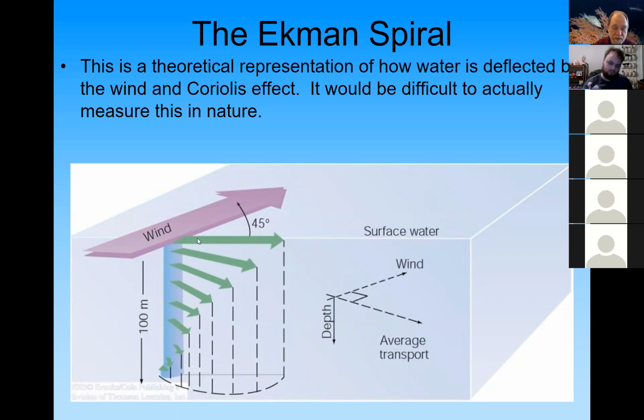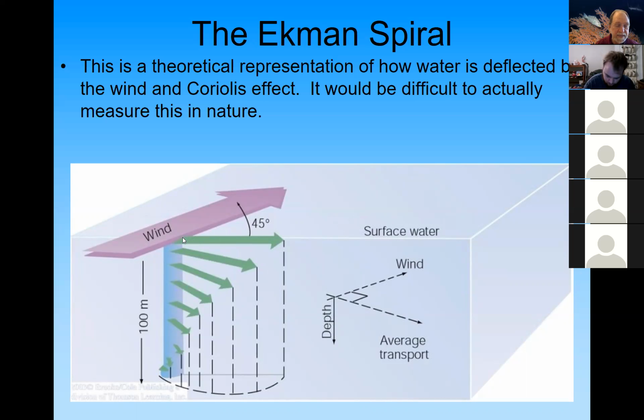So this motion deflected to the right is inducing motion in water parcels deeper in the water column. Well, those motions are also deflected. And so you have this idealized spiral of water motion, okay?